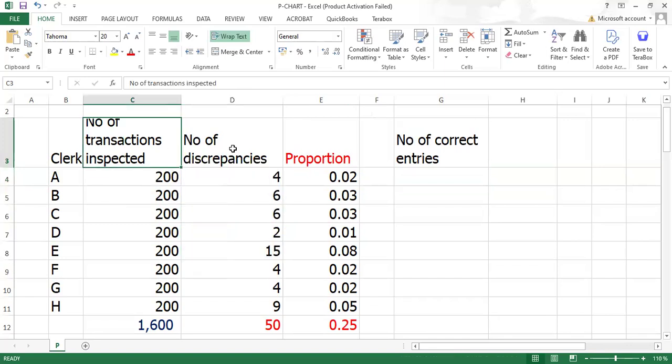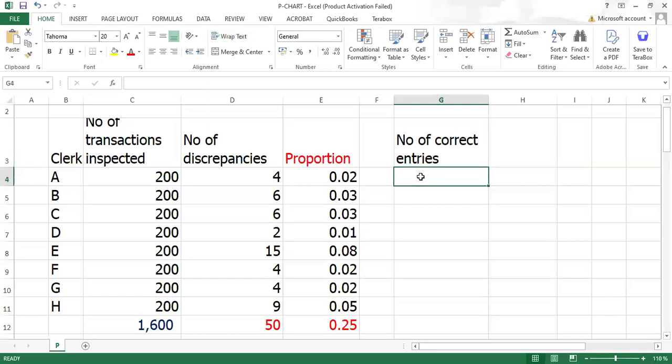So can you use the data given to get the number of correct data entries? So if you sampled 200 and you found that out of 200, 4 have errors, so how many transactions are correct?